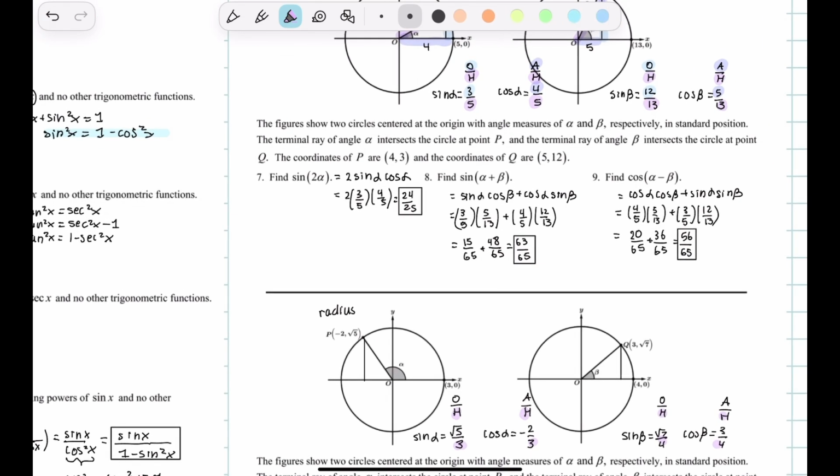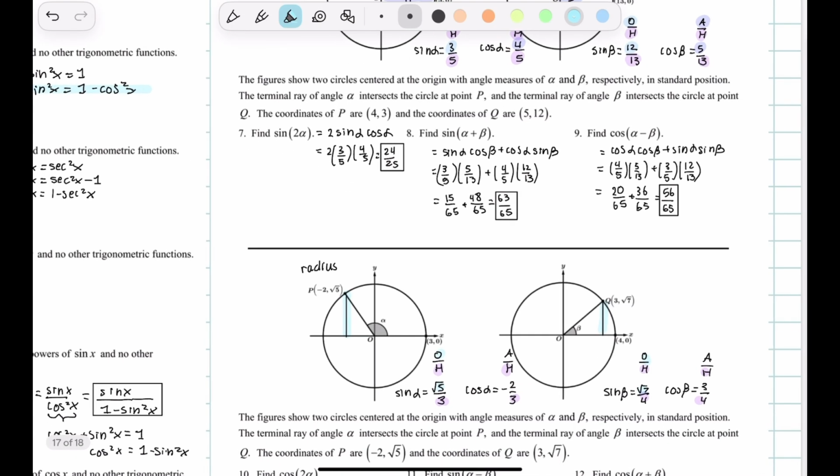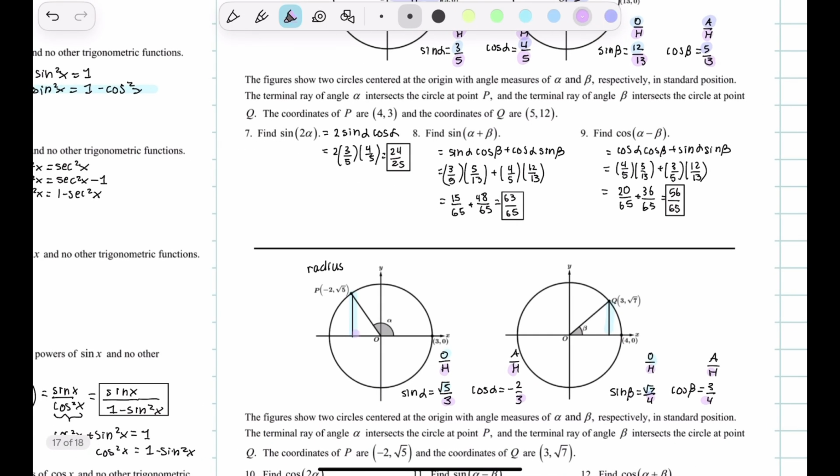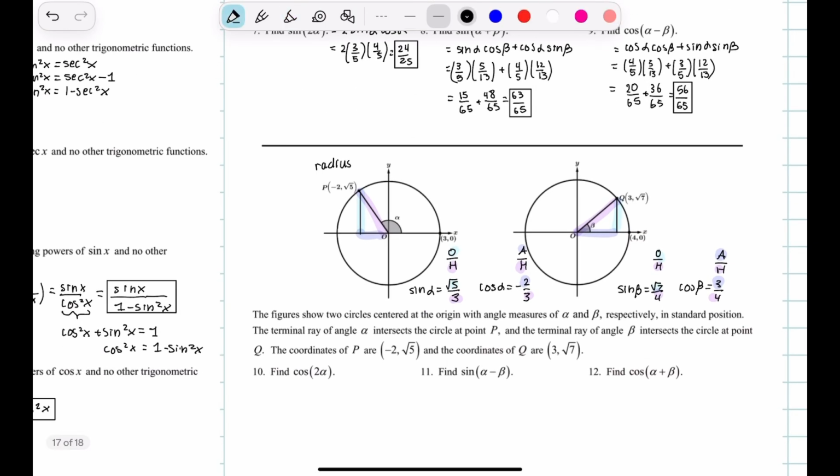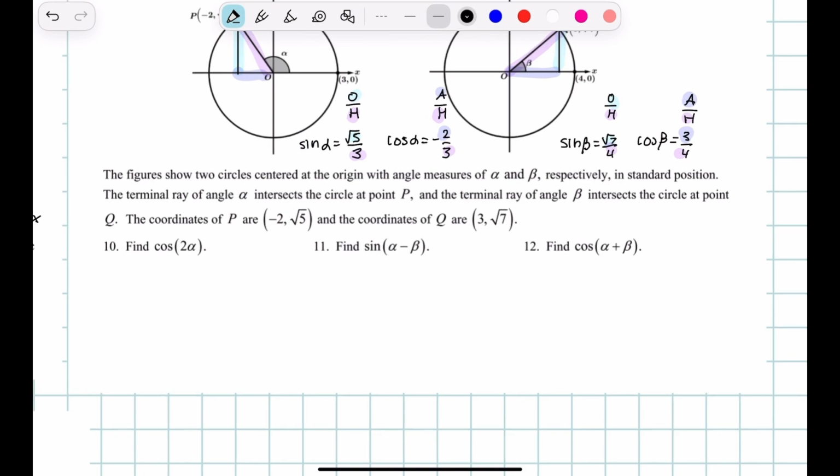Then we have our opposite here, and opposite is just this for theta. Purple is the hypotenuse here. And this is going to be our adjacent side, right there. Now we can write these.